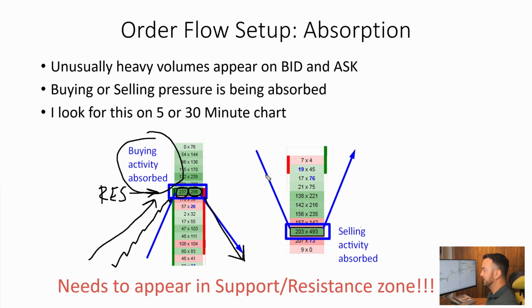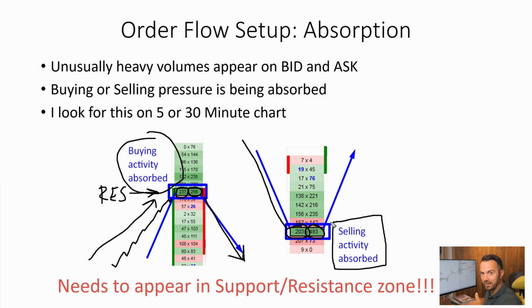If you look at the next picture here, then the price goes down, and then there is this high volume node with heavy volumes both on bid and ask, and this means that selling activity is being absorbed here, right?